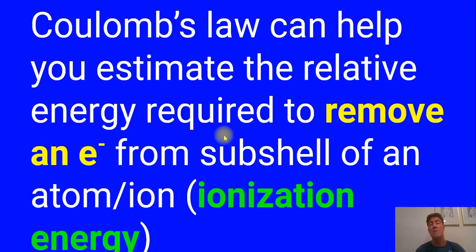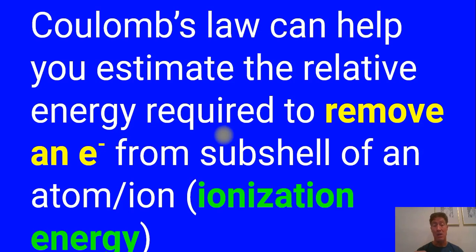So Coulomb's law can help us estimate the relative energy required to remove an electron from a subshell of an atom or an ion, something that is known as ionization energy. It takes energy to pull a negatively charged electron away from the positively charged nucleus.